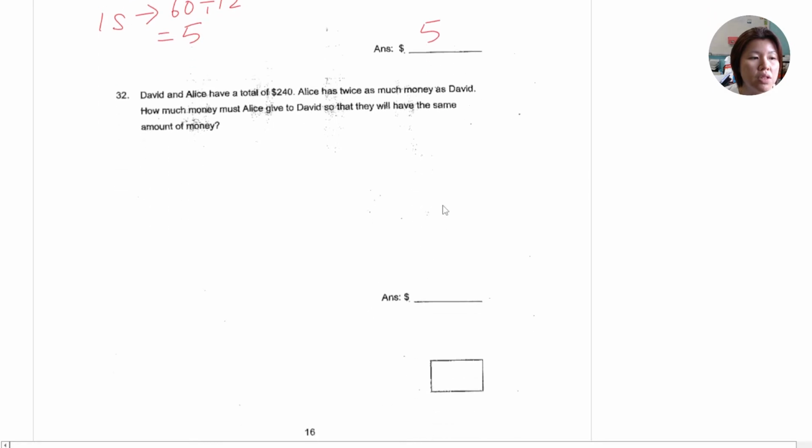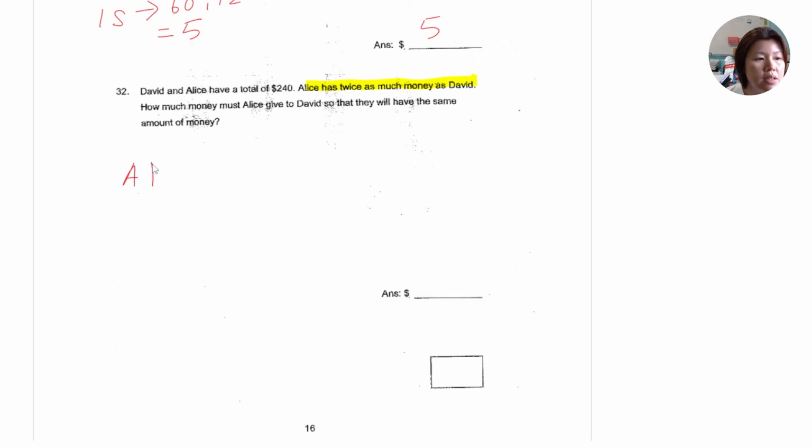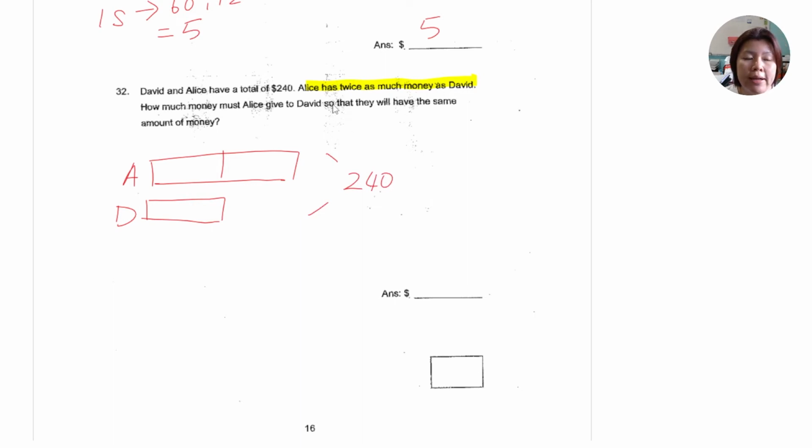Let's move on. Next question. David and Alice have a total of $240. Alice has twice of David. So my Alice is 2 units and my David is 1 unit. So all is 240. But they mentioned that Alice wants to give David some money so that they have the same.